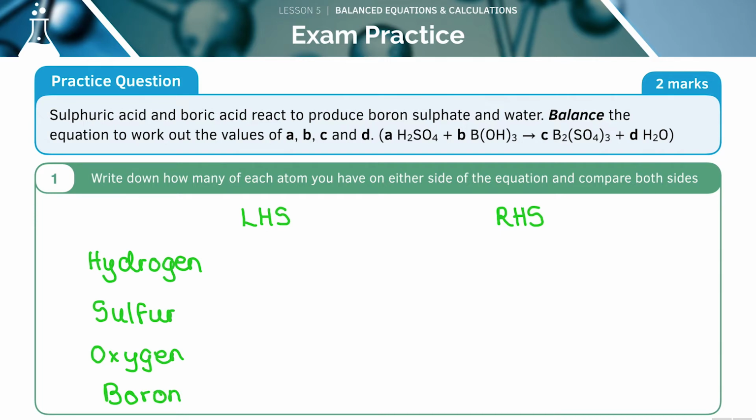Now we need to write in how many of each of these atoms we have. So in terms of hydrogen, we've got 5 on the left and 2 on the right. For sulfur, we've got 1 on the left and 3 on the right. Oxygen, we've got 7 on the left and 13 on the right. Finally, for boron, we've got 1 on the left and 2 on the right.